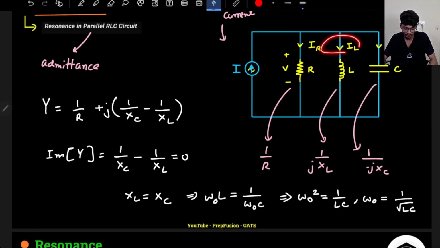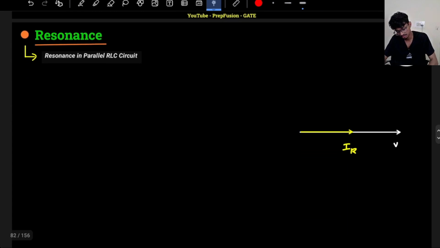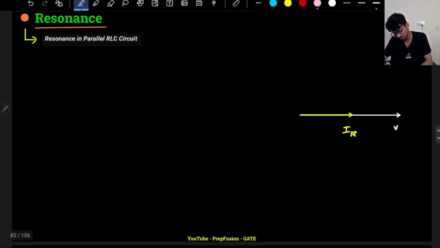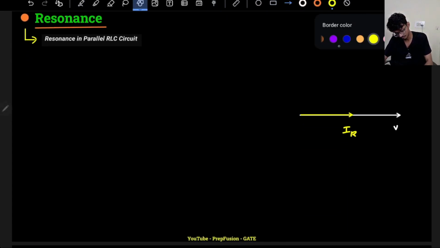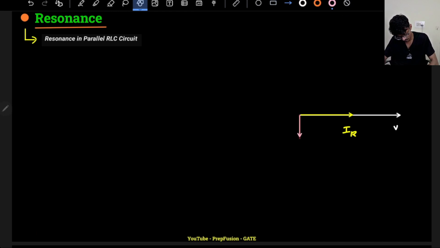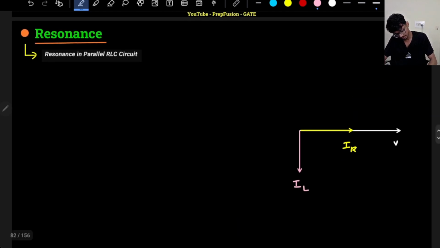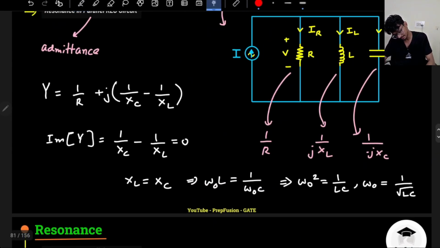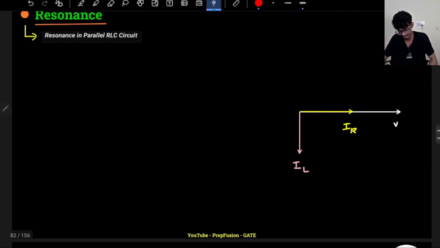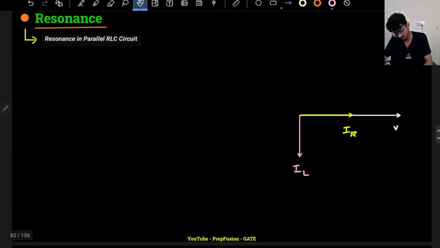This voltage is the same as V, so what will happen? In an inductance, the current lags. So here the current will simply lag. And for capacitance, the current leads.